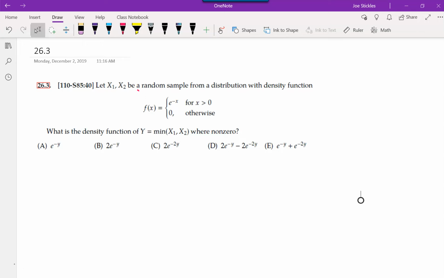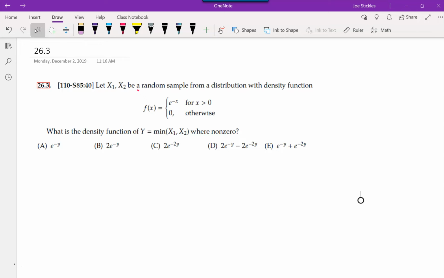All right, so this one's a very, very specific example where we're going to find the density function of the minimum of two observations from a distribution. So basically what we're saying is we've got this density function associated with, I know it says x1 and x2, but think about it this way.